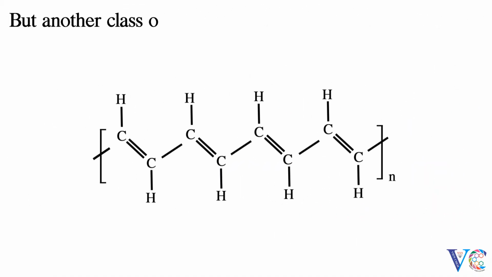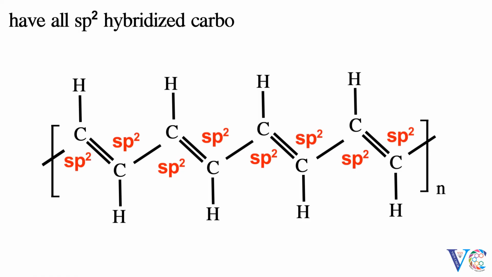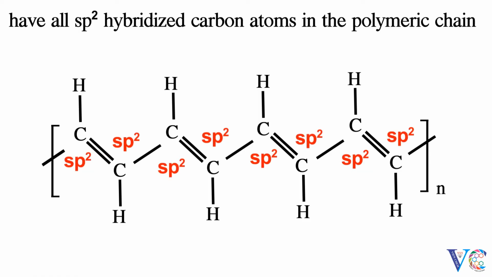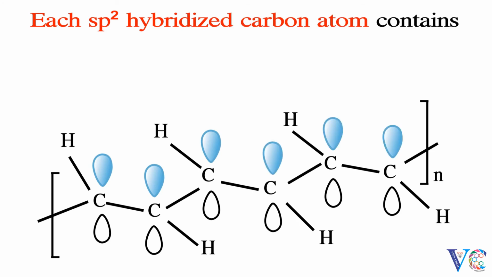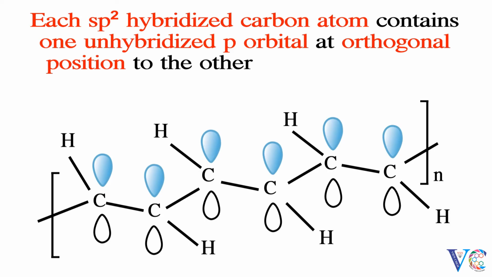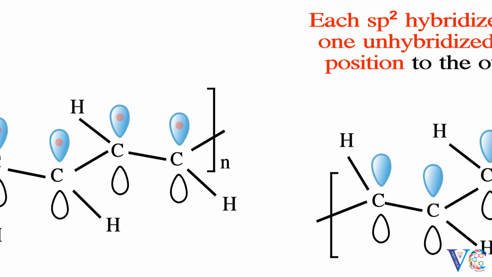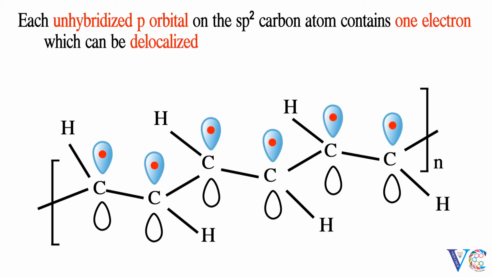But another class of polymers, called conducting polymers, have all sp2 hybridized carbon atoms in the polymeric chain. Each sp2 hybridized carbon atom contains one unhybridized p orbital, at orthogonal position to the other sp2 hybridized orbitals. Each unhybridized p orbital, on the sp2 carbon atom, contains one electron, which can be delocalized, and is responsible for electrical conduction.